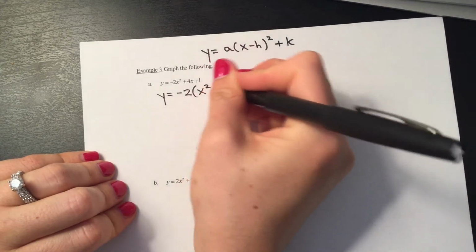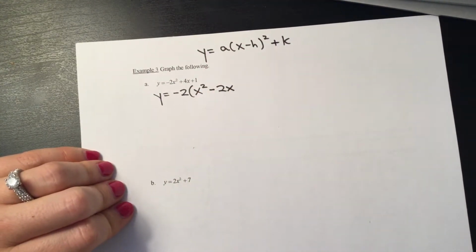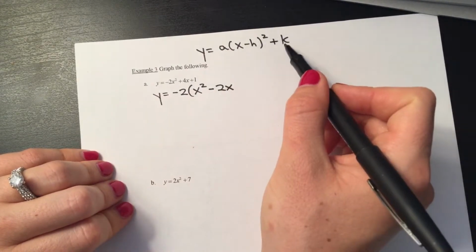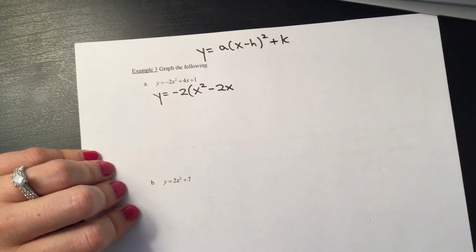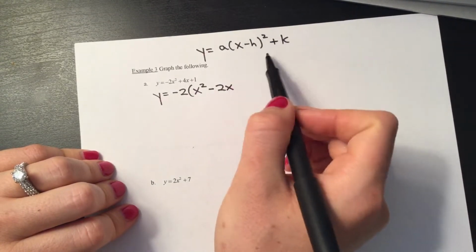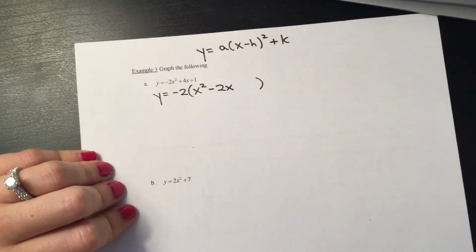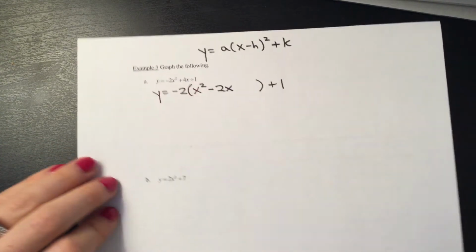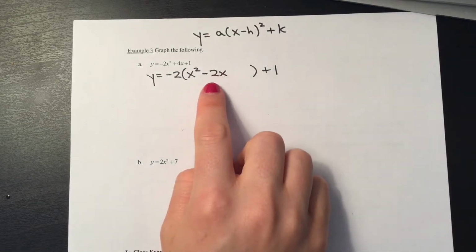So when you divide that by -2, we're left with -2x. Now here's the trick. We're actually not going to touch this constant term right here. We're just going to leave it floating on the end, because in order to get it into this binomial squared like that, we need to complete the square. So I'm going to leave that, because I know I'm going to be adding something else. And like I said, this +1 just kind of got pushed over to the side. Okay, so now when we complete the square, we're going to start with this middle term.